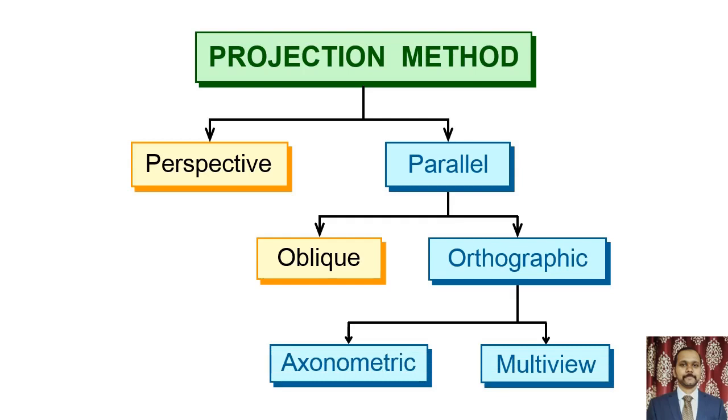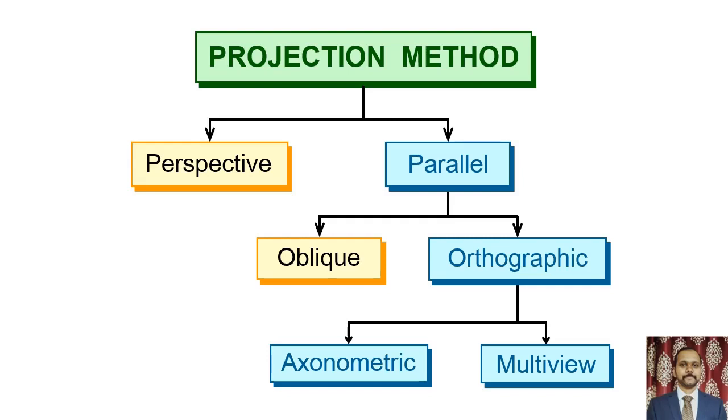Our main interest is in orthographic. So what is orthographic projection? This includes axonometric view and multi-view. Axonometric view is the three-dimensional, we can say the 3D view, and multi-view represents the two-dimensional view.